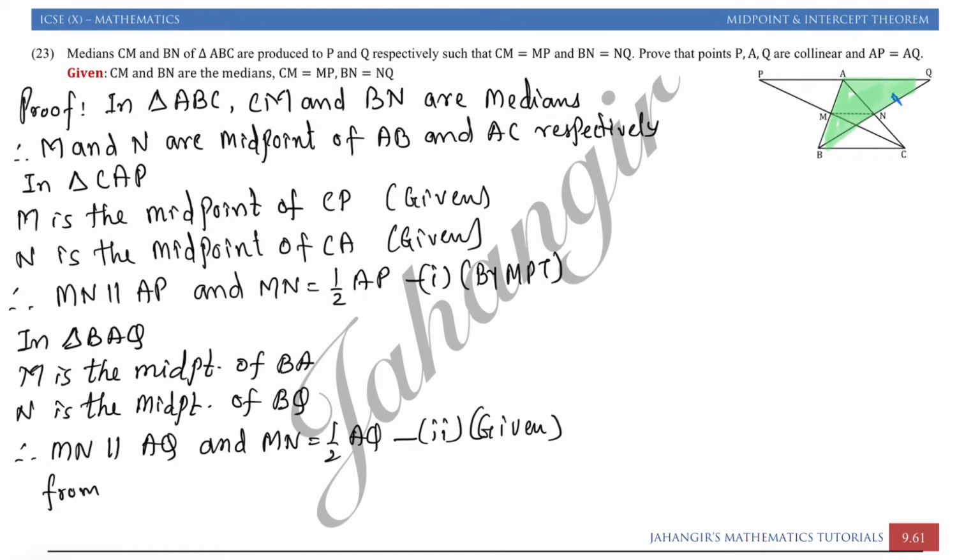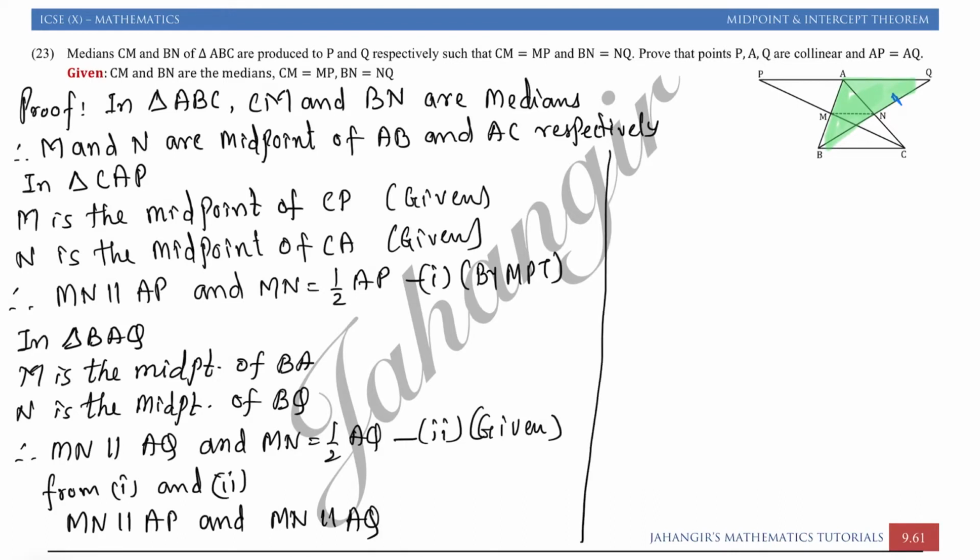From 1 and 2, MN parallel to AP and MN parallel to AQ, and A is the common point. See, MN is parallel to AP as well as AQ. So we have A as a common point. So AP parallel to AQ we cannot say because A is a common point.